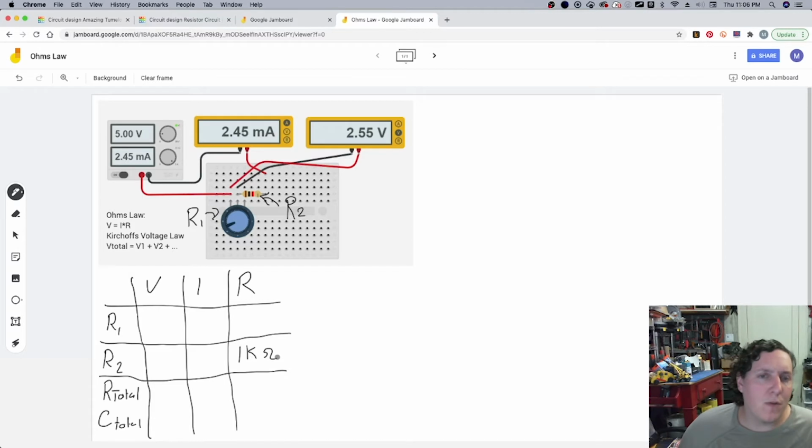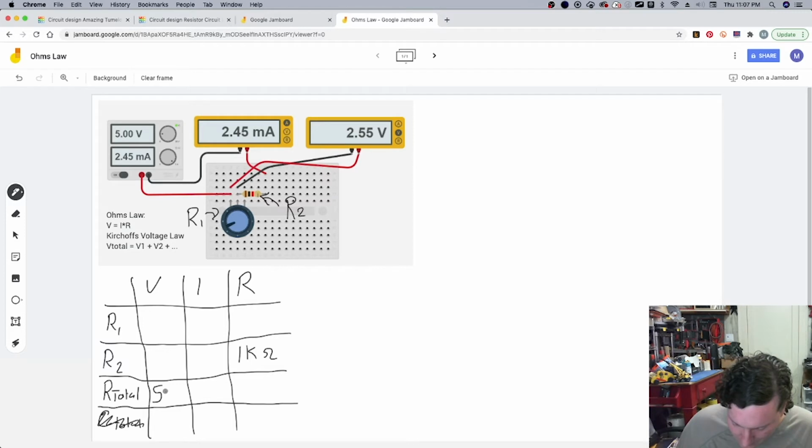We can also pick apart the circuit. In this case, I think we can actually ignore the total part. We'll just consider it because we only see resistors in this one. The total voltage of this has to be equal to what the power supply is. That's what Kirchhoff's Voltage Law tells us.